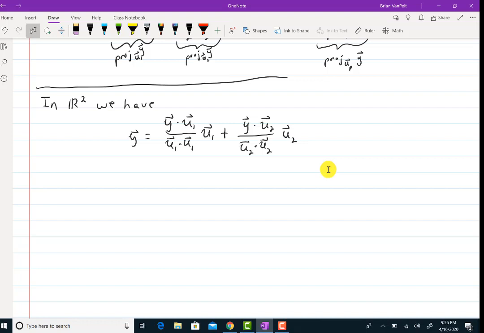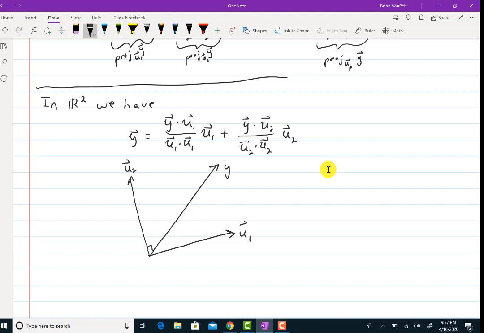I don't know if I need to draw axes, but let's call this u1. We'll call this u2. Remember, the vectors u1 and u2 are perpendicular to each other.